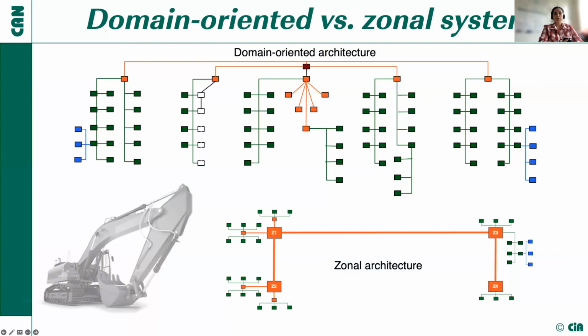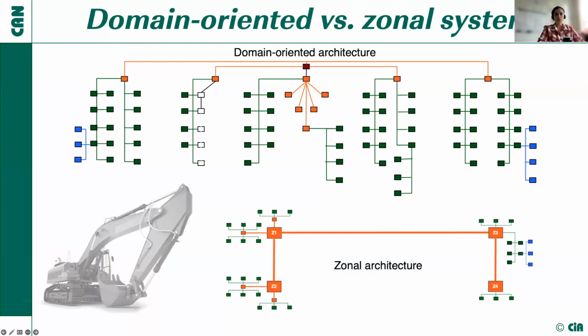Over time, electronic control units were introduced step by step and connected to in-vehicle networks. Most of them were connected to CAN-based networks, but other networks such as LIN and FlexRay also came along.